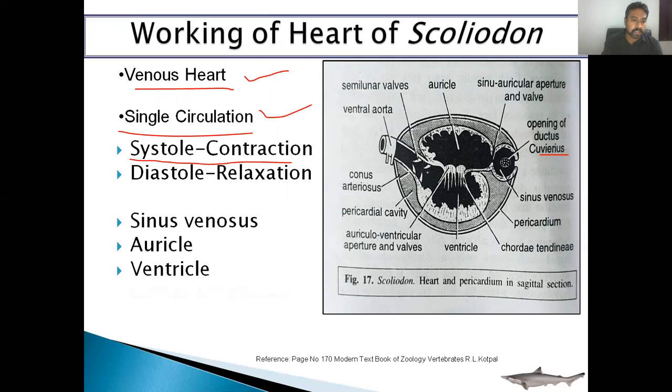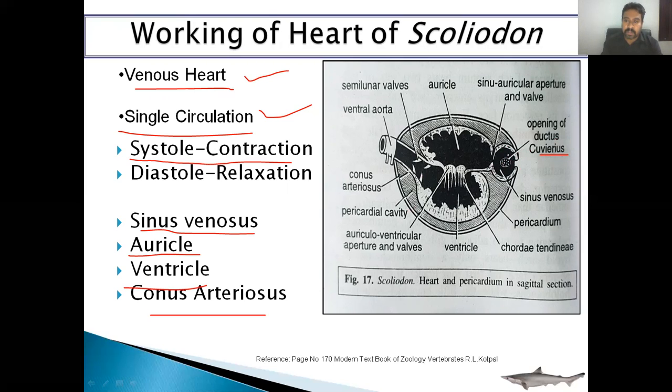The sequence is that first the sinus venosus contracts, then the auricle, then the ventricle, and then the conus arteriosus. First of all, the conus arteriosus is relaxed, that is diastole, and the blood comes inside the sinus venosus through the hepatic sinuses and ductus cuvieri.